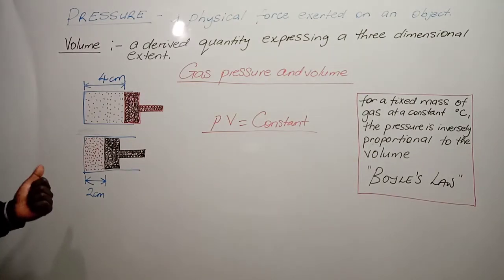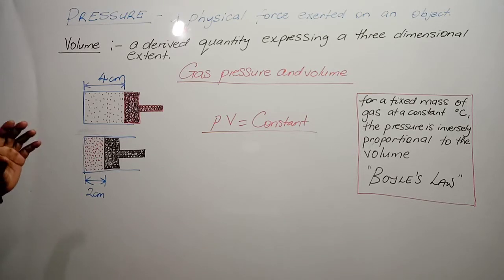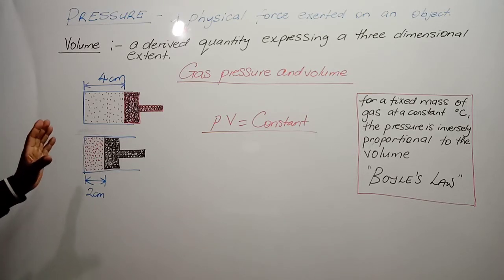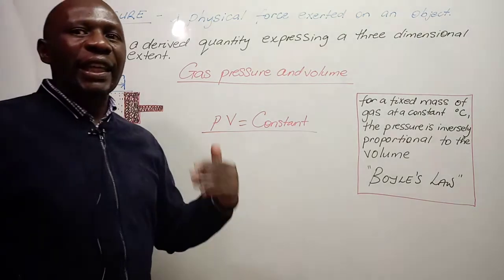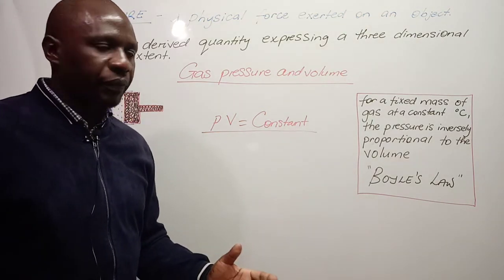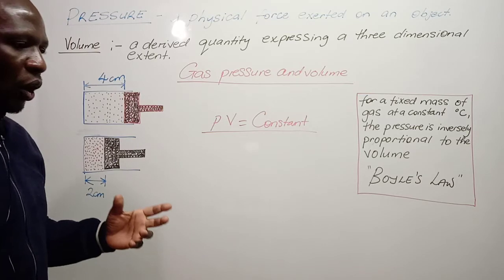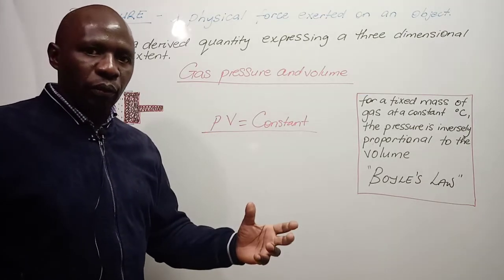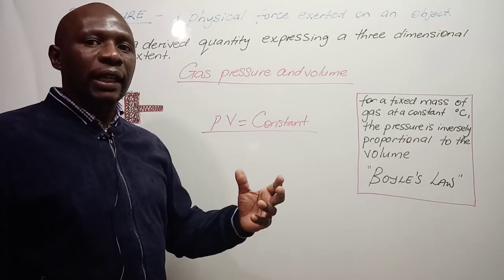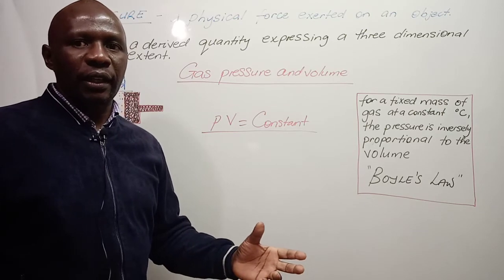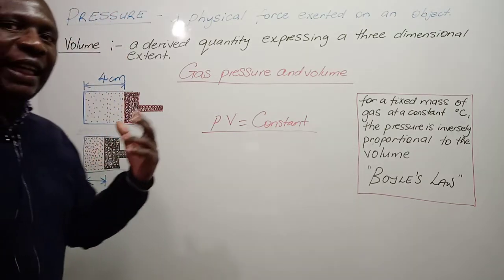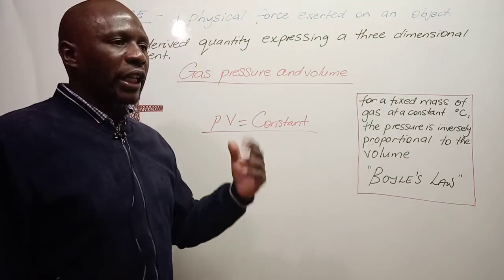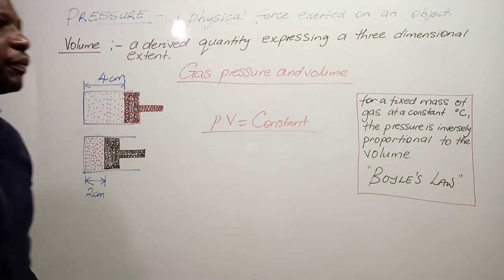So what we must further understand is that the relationship between pressure and volume is inversely proportional. In other words, when we reduce the volume, we increase the pressure, and when we increase the pressure, we reduce the volume.